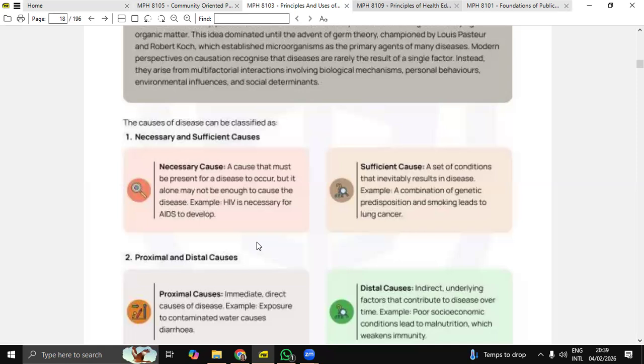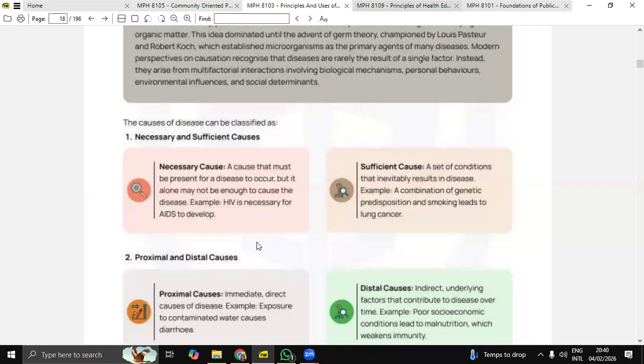Probably because their immunity is very good, they don't come down with the disease. So the fact that Mycobacterium tuberculosis is present does not mean that a person will develop tuberculosis.